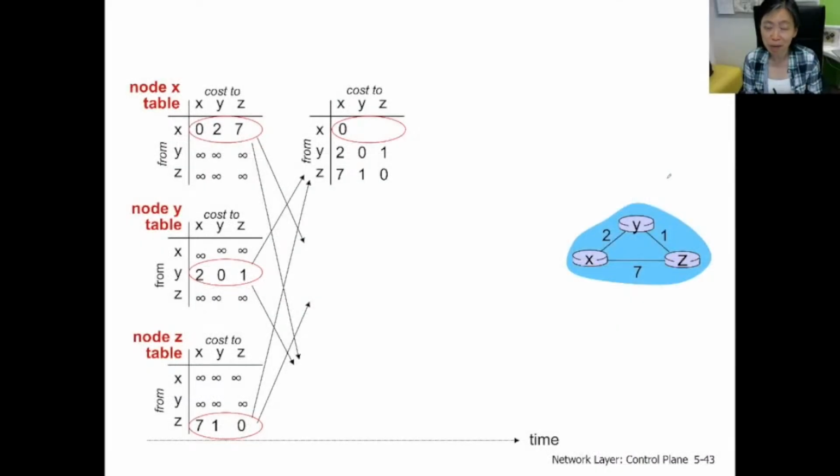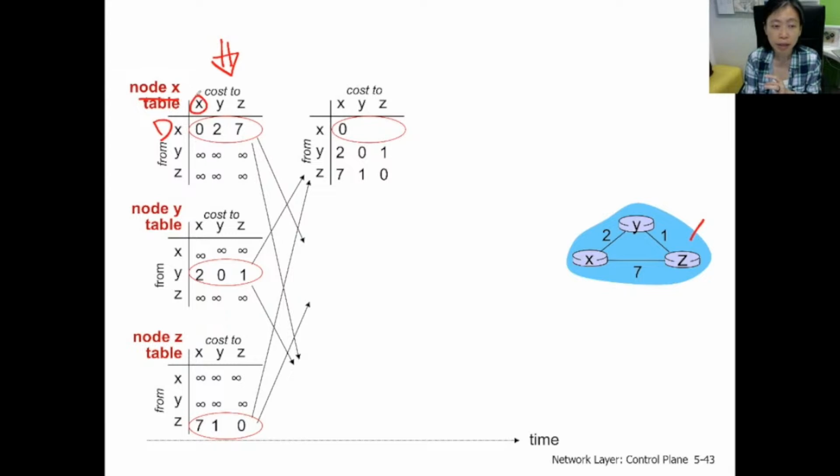Okay, example time. In order to make sure that you understand this clearly, let's use a concrete example. The example this time is very simple, only 3 nodes, x, y, z, and they are fully connected. By the way, we have not yet talked about initialization of the distance vectors. In node x, the distance vector of x is initialized this way.